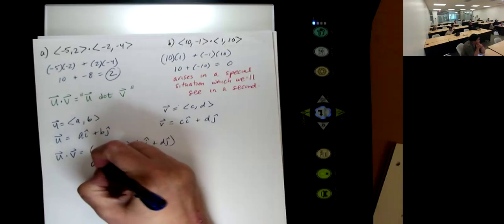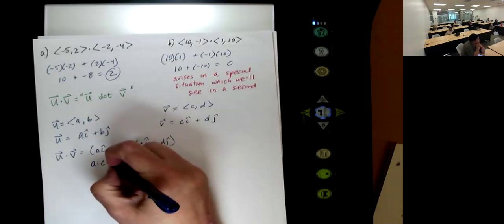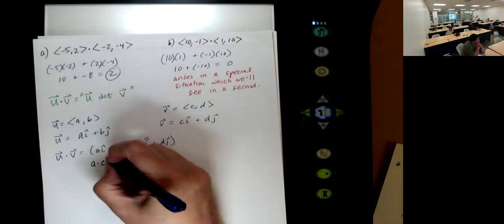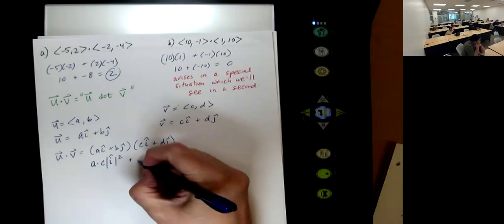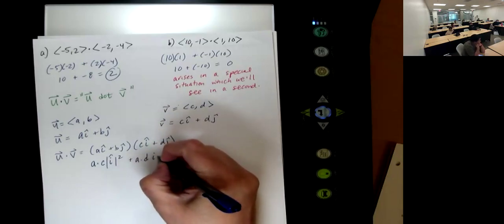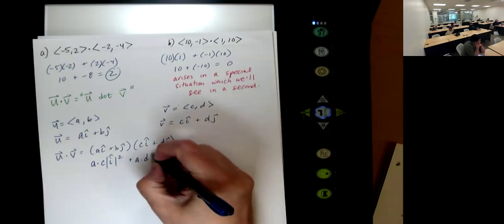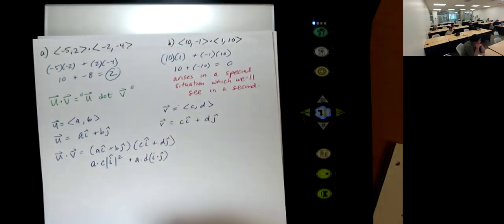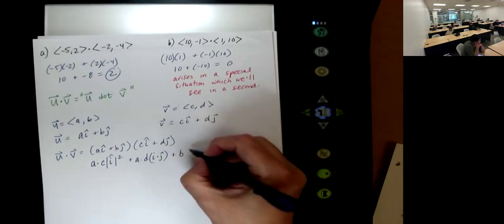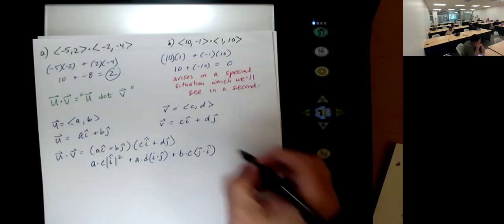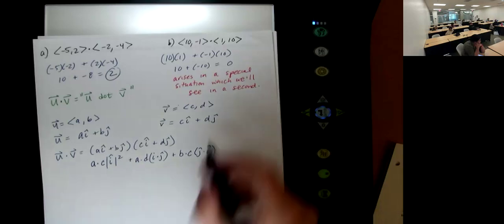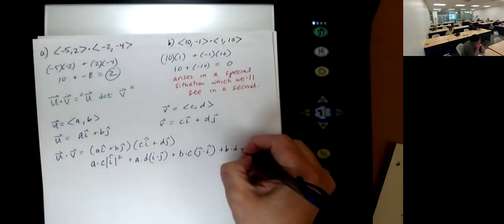So I get a times c times i squared, or the magnitude of i squared, plus a times d, i times j, plus b times c, j times i, plus b times d, j dot j.